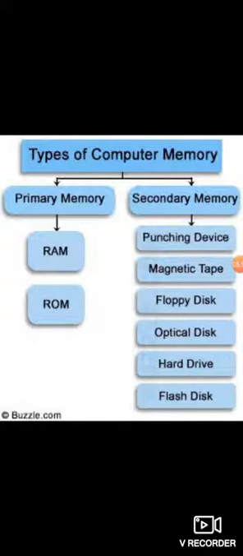Now secondary memory. Secondary memory is the storage memory that is very slow and cheap, meaning it is cheaper than the primary memory. Primary memory is more costly than the secondary memory compared to the capacity to hold data. Secondary memory cannot be processed directly by the CPU.